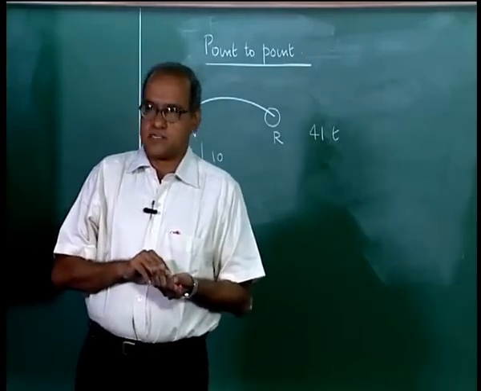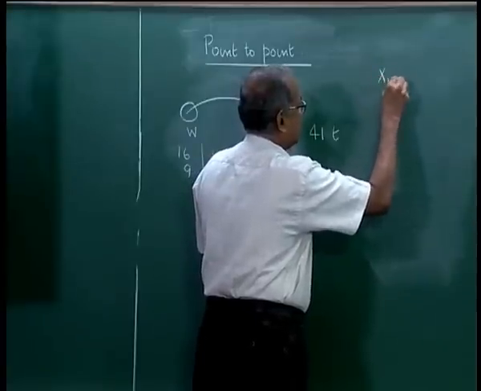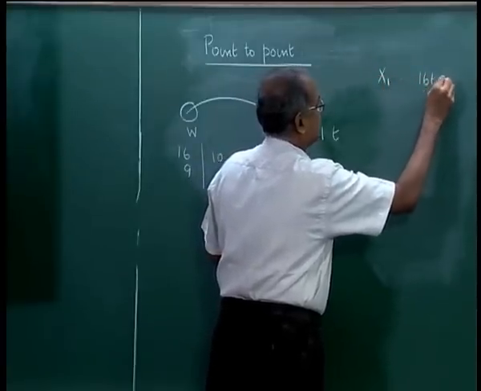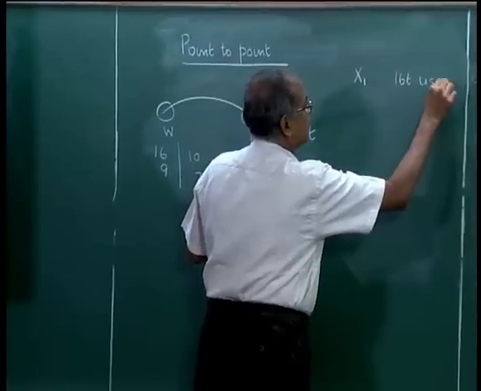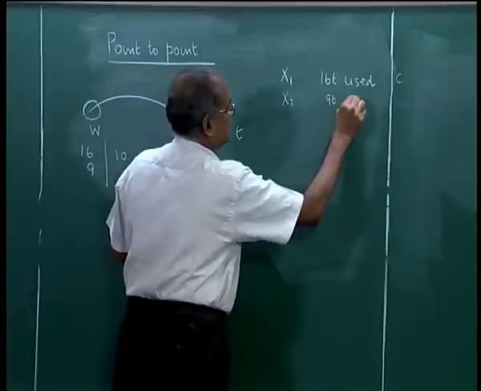So the problem would be let x1 be the number of 16-ton trucks used, let x2 be the number of 9-ton trucks used.